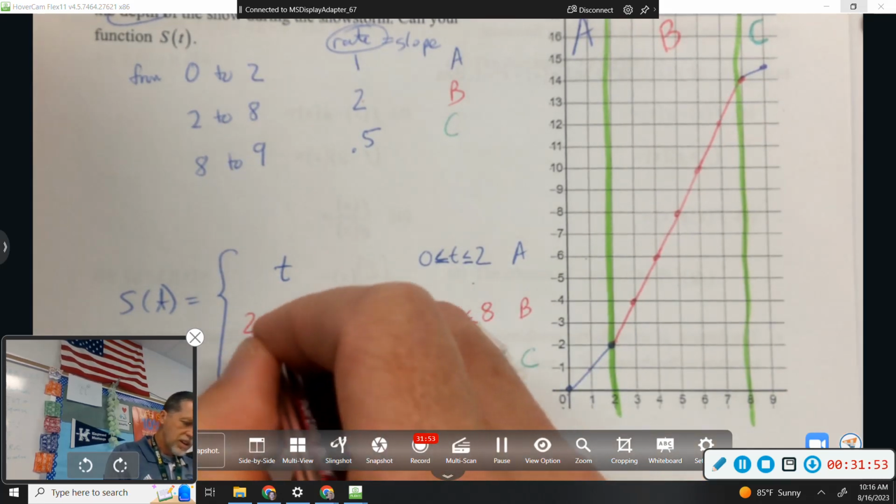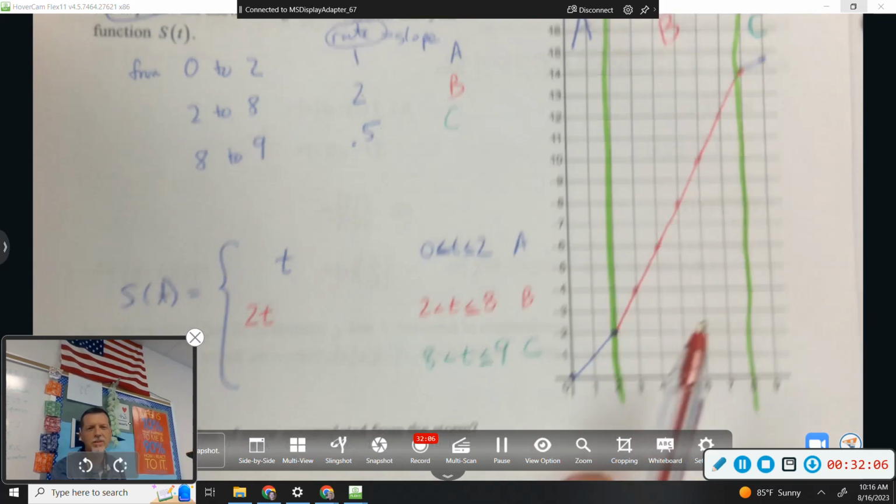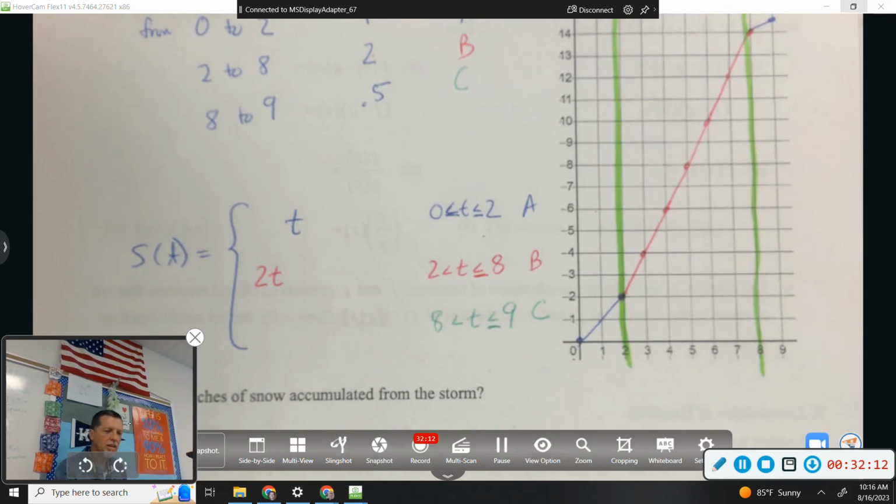But I don't want to just put 2t because if I was at time 2, that would say my height was 4. So how do I figure out what else goes on this? I know it's 2t, but where did you get minus 2 from?